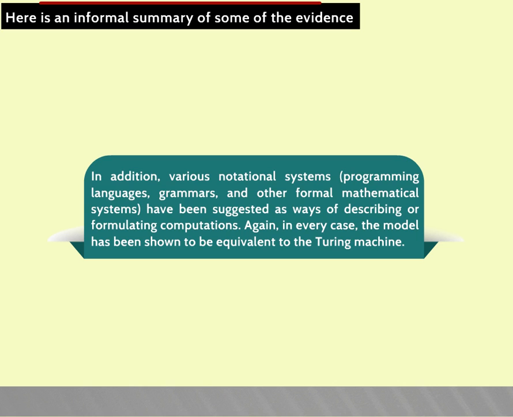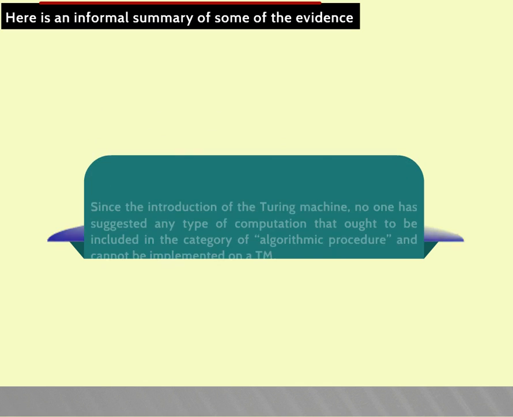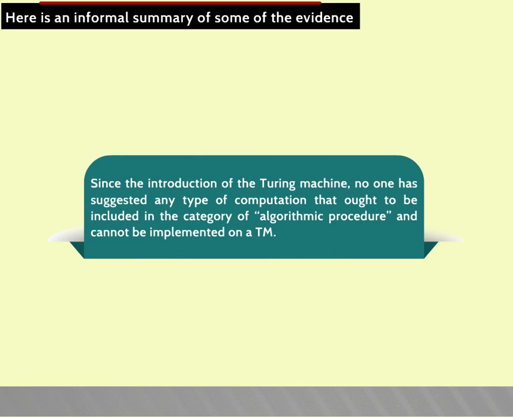Again, in every case, the model has been shown to be equivalent to the Turing machine. Since the introduction of the Turing machine, no one has suggested any type of computation that ought to be included in the category of algorithmic procedure and cannot be implemented on a TM.